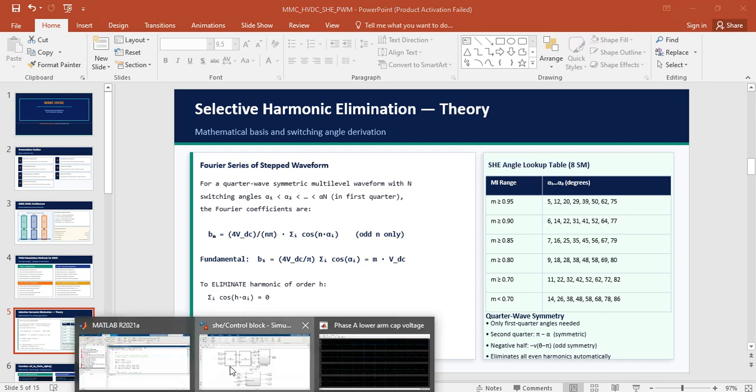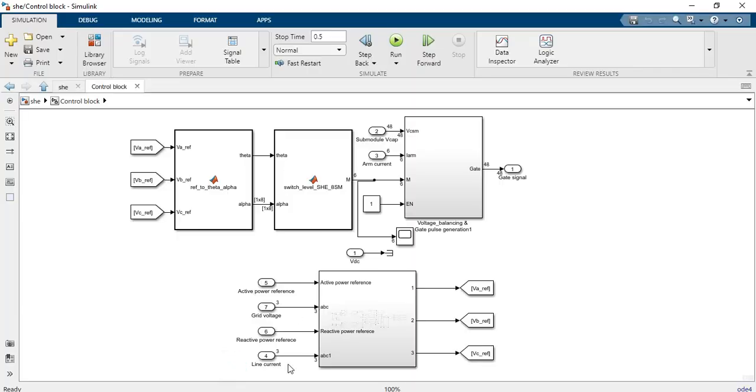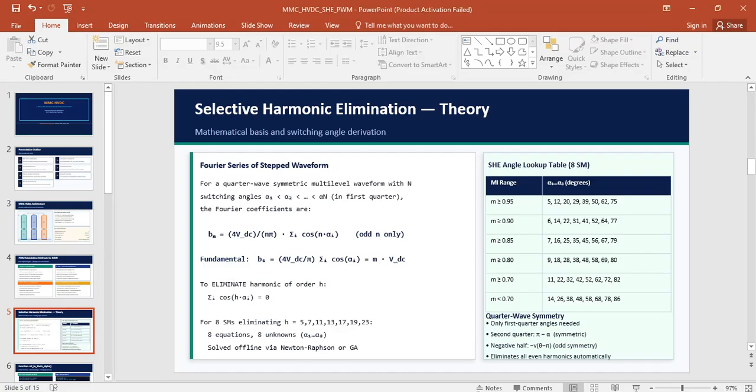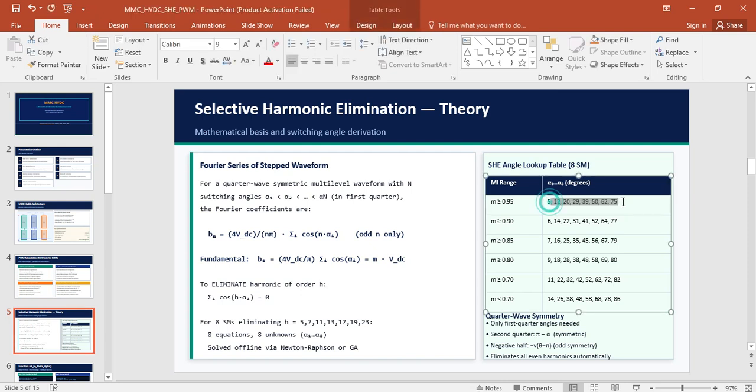So I'll show you how I have done this. As I told you, if the modulation index changes, you need to change those alpha angles. If your modulation index is greater than or equal to 0.95, you basically need to follow these switching angles.